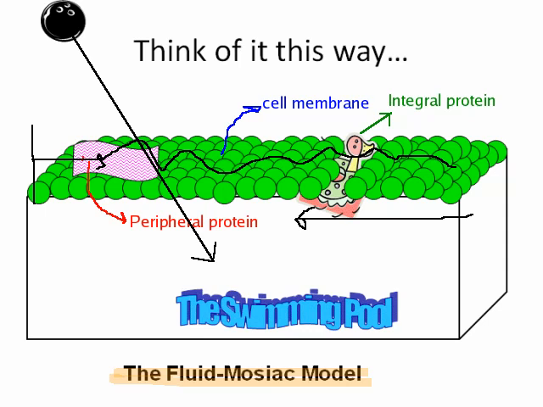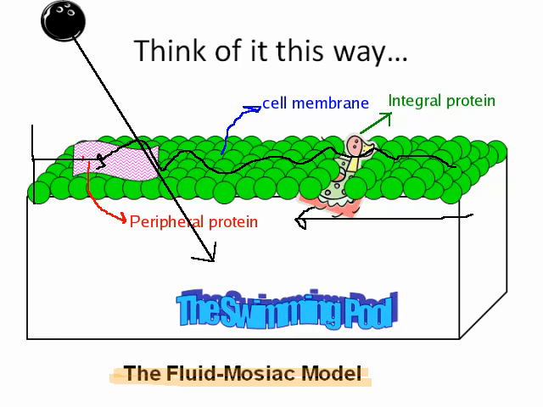All right? And fluid, because there is movement, there is freedom to disperse. And so we think of the cell membrane as this fluid mosaic model because it is made up of independent parts that are free to interact with one another to create this dynamic structure known as the cell membrane that has the ability to regulate what is coming in and what is going out.